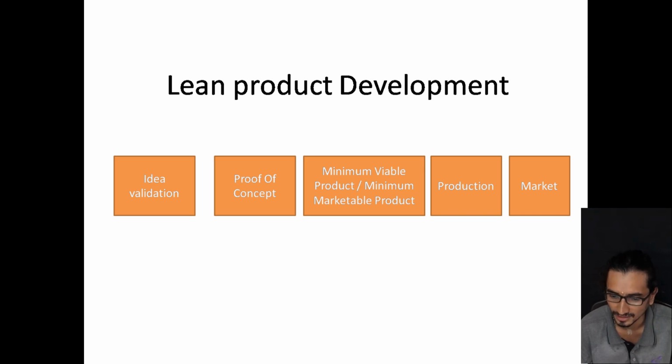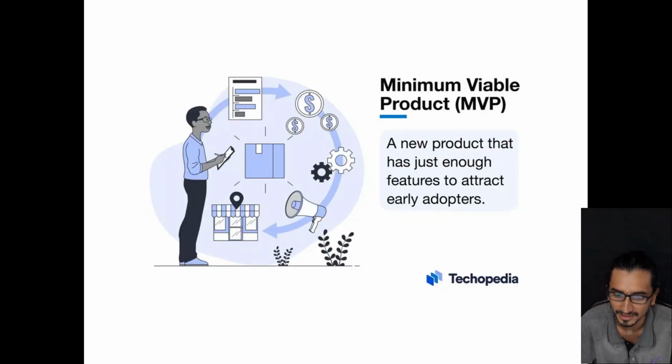The idea is to create a minimum viable product. The whole aim of creating a minimum viable product or an MVP is to create something with just enough features that a potential user is ready to pay for it and use it.